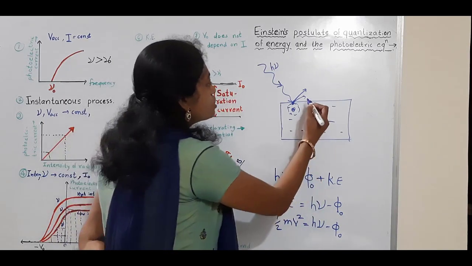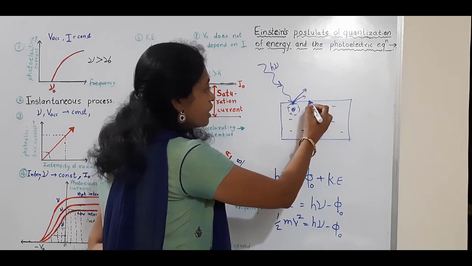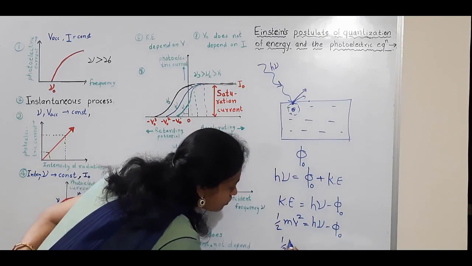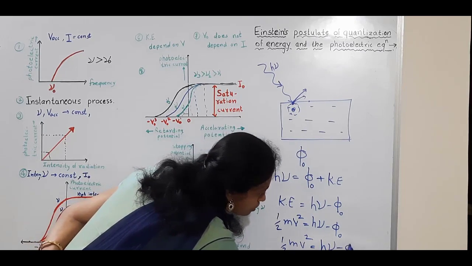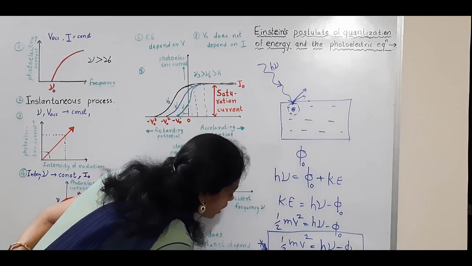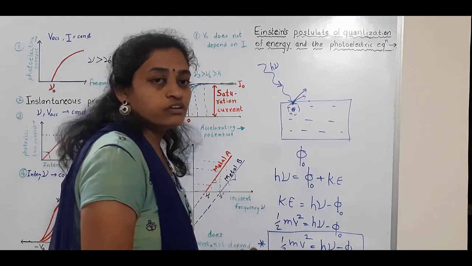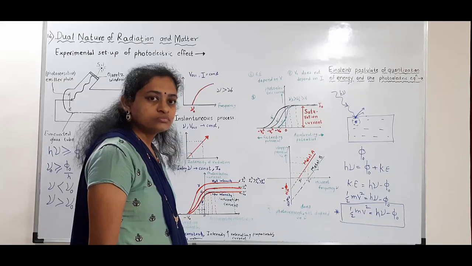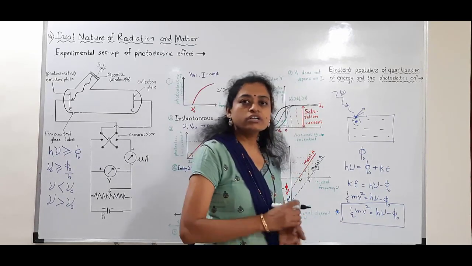The electron on the surface of a metal having low work function has maximum kinetic energy. Therefore, half mv square is equal to h nu minus phi naught, and this is the Einstein photoelectric equation. Using this equation we can explain all the observations taken in a photoelectric effect.